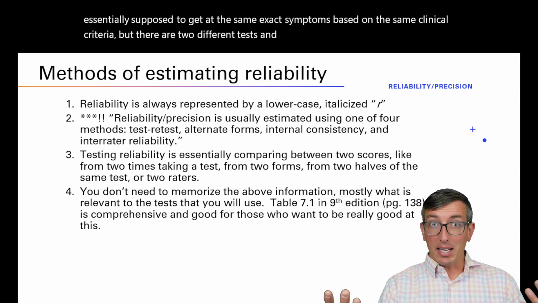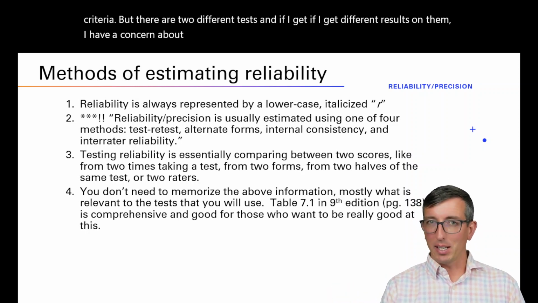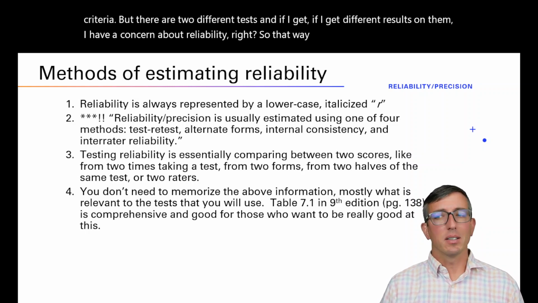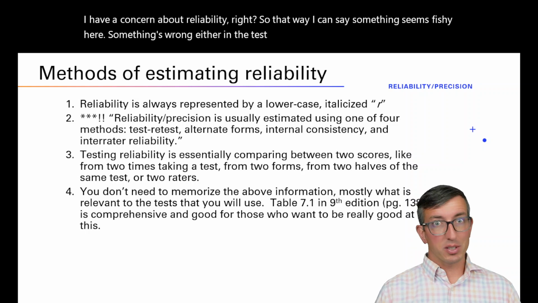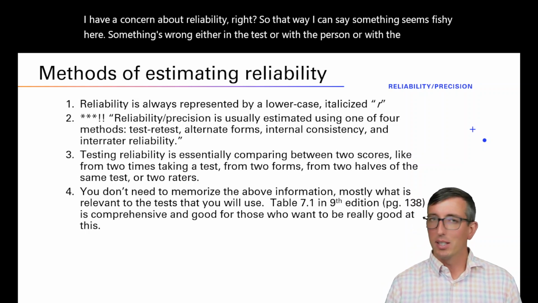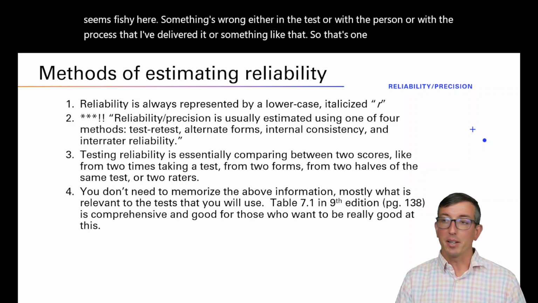And if I get different results on them, I have a concern about reliability, right? So I can say, oh, something seems fishy here. Something's wrong either in the test or with the person or with the process that I've delivered it or something like that. So that's another alternative.